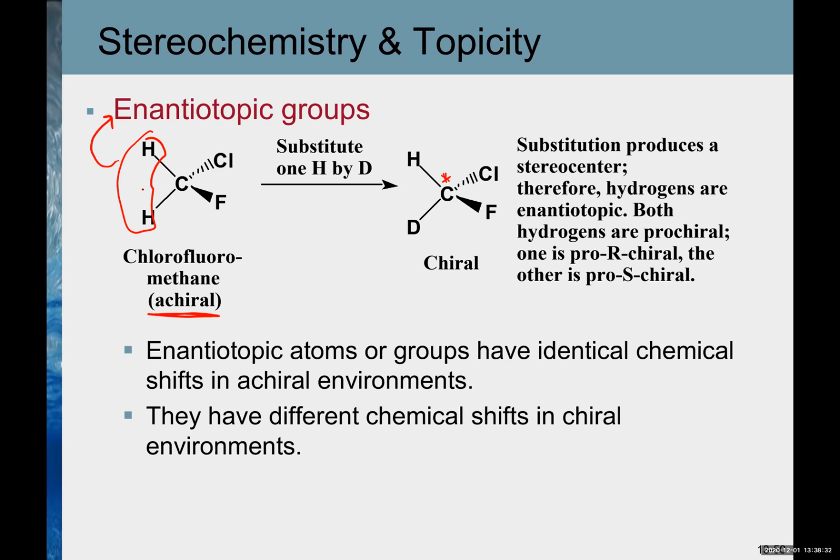Then their signal will be the same. But if you dissolve this in a chiral solvent and then take the NMR, the signals of these two hydrogens will be different. So they have different chemical shifts in a chiral environment. Okay.